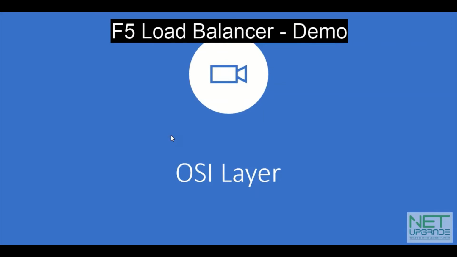So these are the prerequisites which I am expecting from you, that you are aware of your OSI layer as well as the TCP three-way handshake.